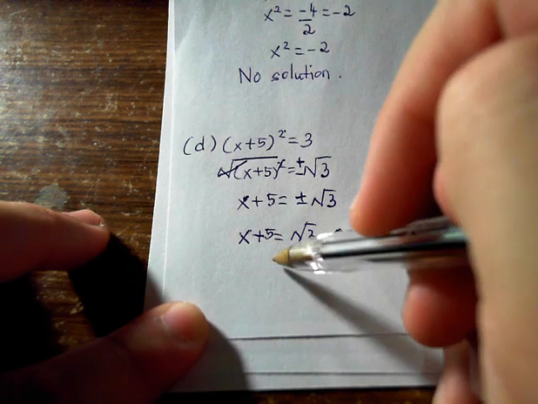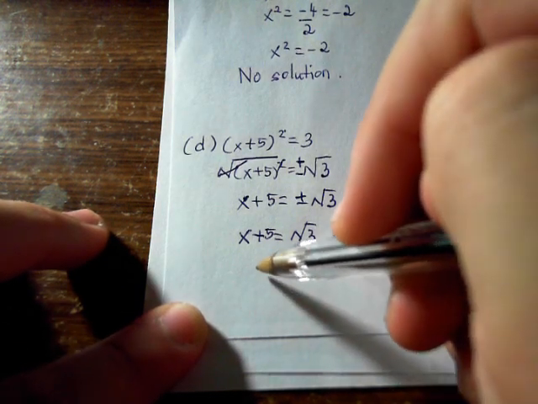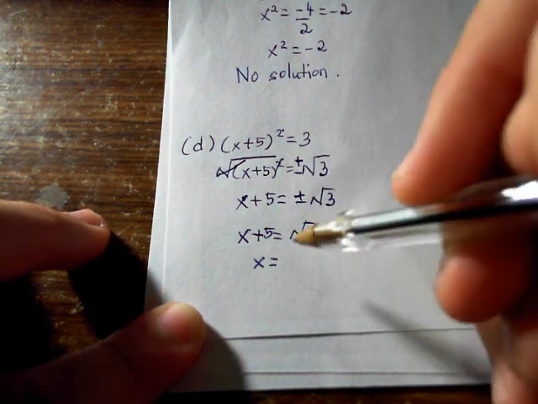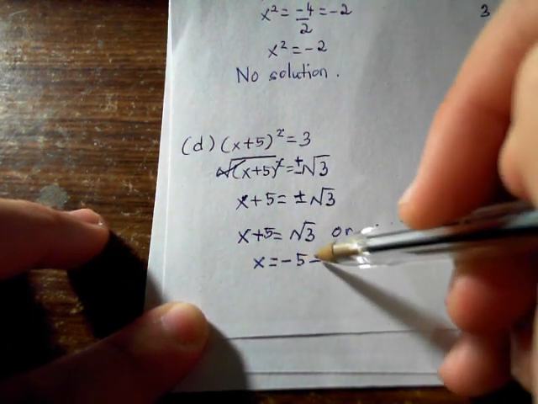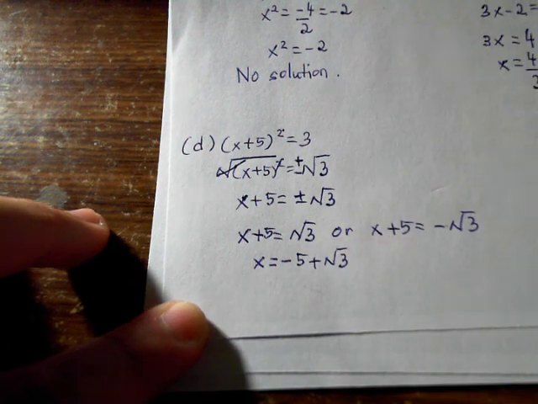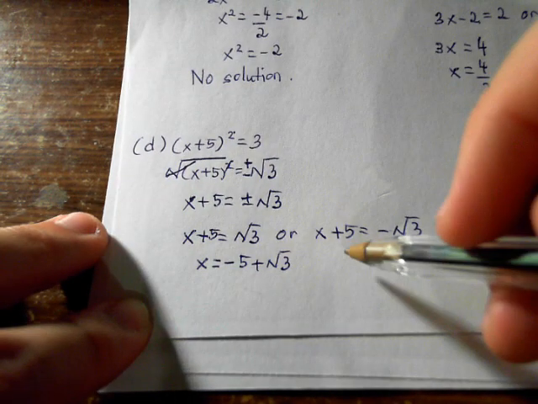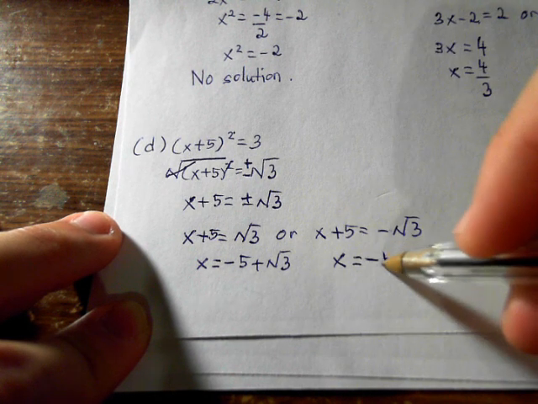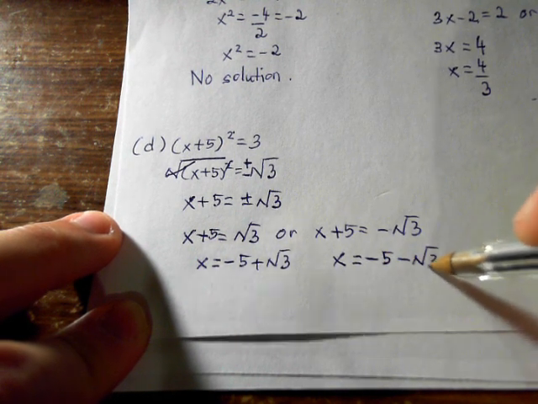So when we have x plus 5 equals square root of 3, we leave x on the left hand side, bring the plus 5 to the right hand side, and it becomes minus 5 plus square root of 3. For the other one, we bring the plus 5 to the other side, and it will be minus 5 minus square root of 3.